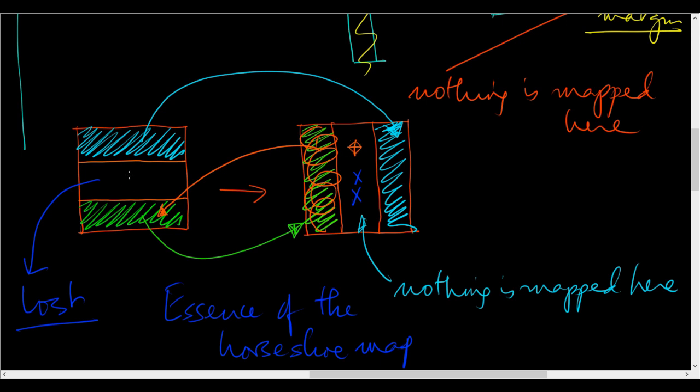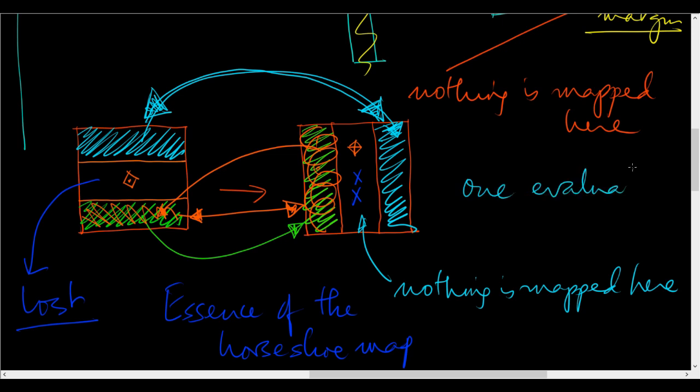Points from here got lost, they did not get mapped there, but every point over here got mapped to something here, and every point here has an inverse. So some part of it is invertible. Similarly, every point here got mapped to something here, and every point here has an inverse. So this is for one evaluation of the map.